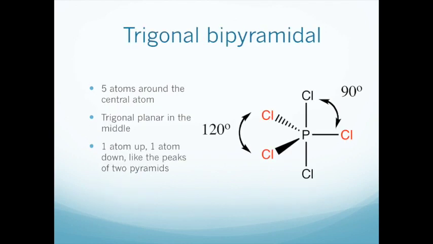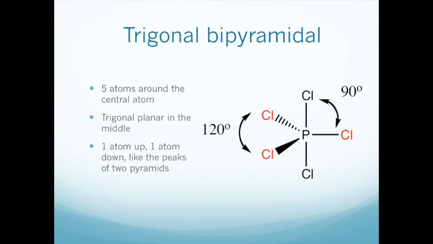As we get into more complicated molecular structures, we have to start adopting even more complicated arrangements. If you have 5 atoms around the central atom, as in the case of something like phosphorus pentachloride, you will have something known as the trigonal bipyramidal arrangement.